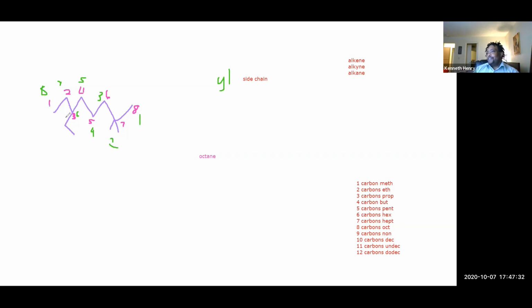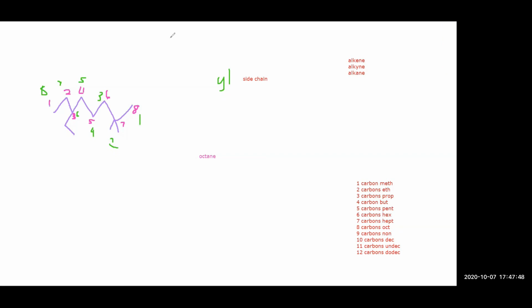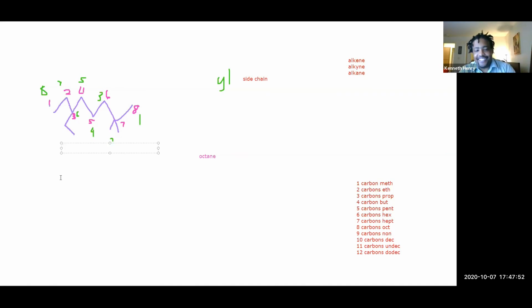If I go here, what is this structure that's coming off of this 3, the pink 3, or the green 6? It's an ethyl. And then what do I have coming off of the 2 carbon here, or the 7 in pink?